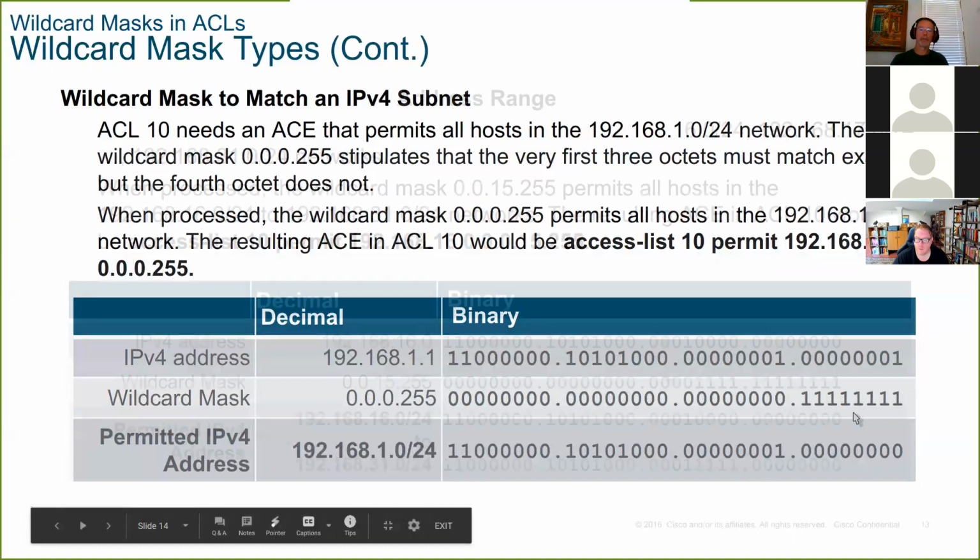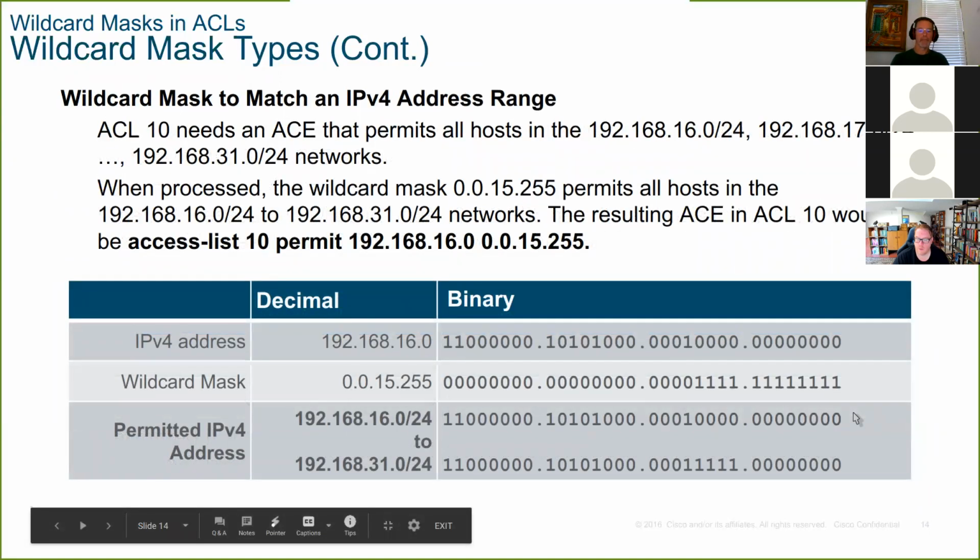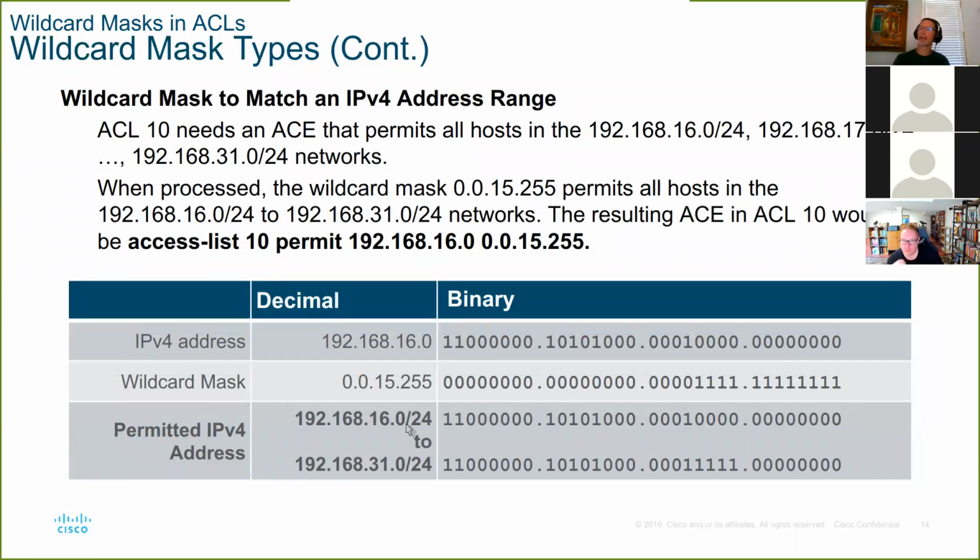So here's a range. You'll see that they can extend the range into a supernet here. So we have a summary or a supernet, and they don't really even use that term anymore. It's kind of funny. But with a subnet, we take a classical network address and we make smaller groups out of it.